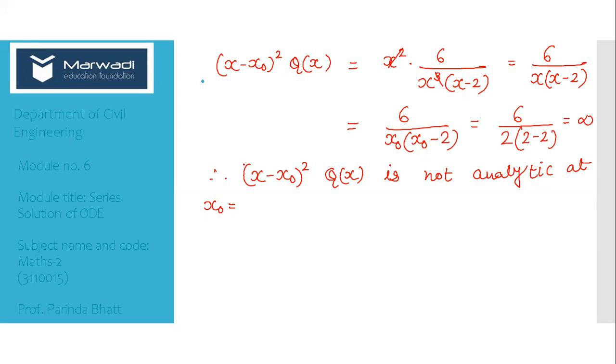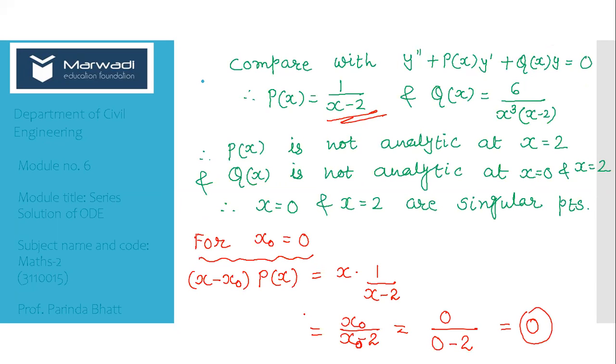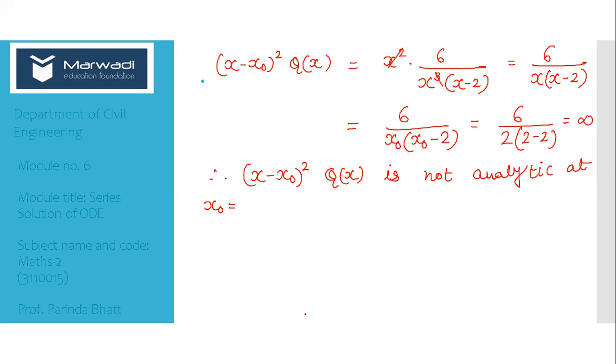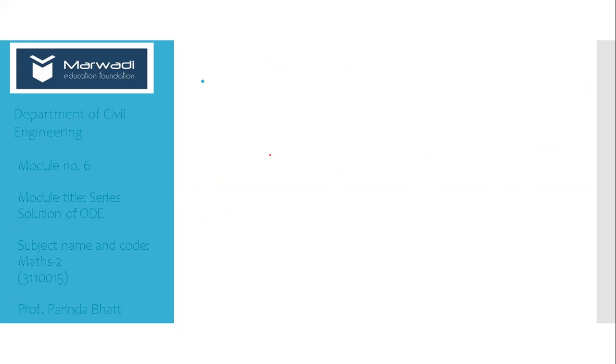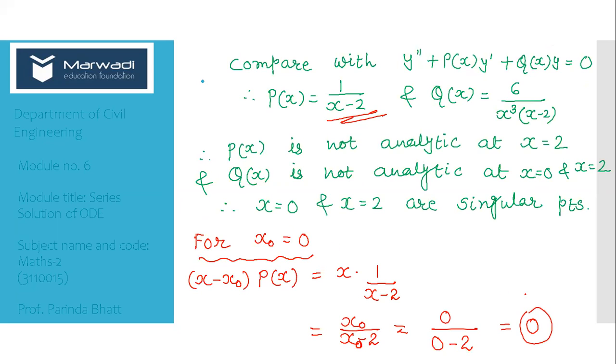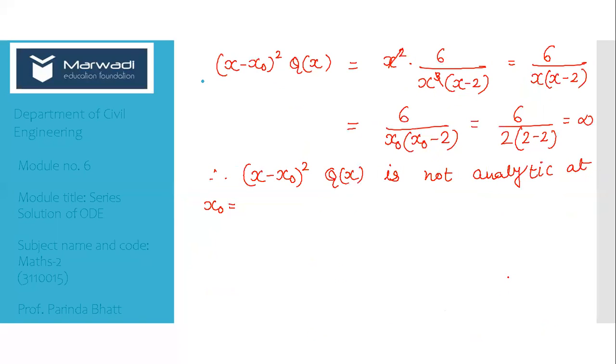You have to check the other condition for x0 equal to 0 and the first condition for x0 equal to 2. Because for x0 equal to 2, the second condition is not satisfied, and for x0 equal to 0, check whether the second condition is satisfied or not. Therefore, x0 equal to 2 is an irregular singular point.